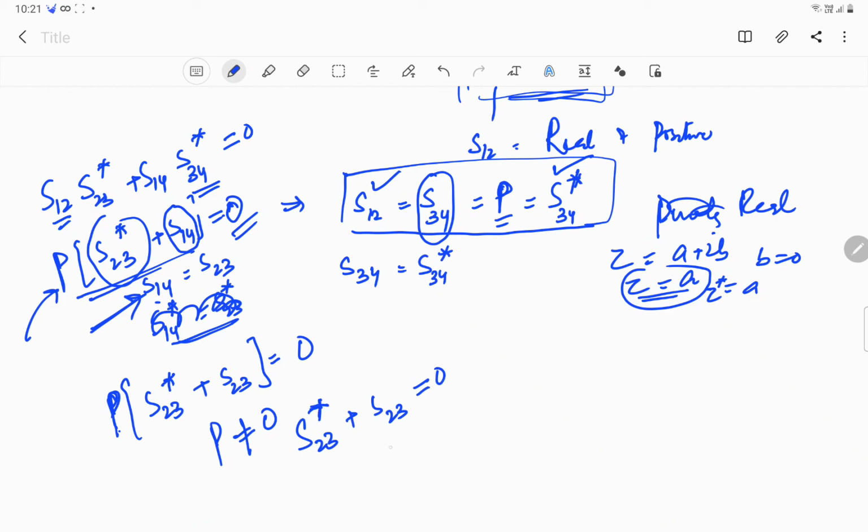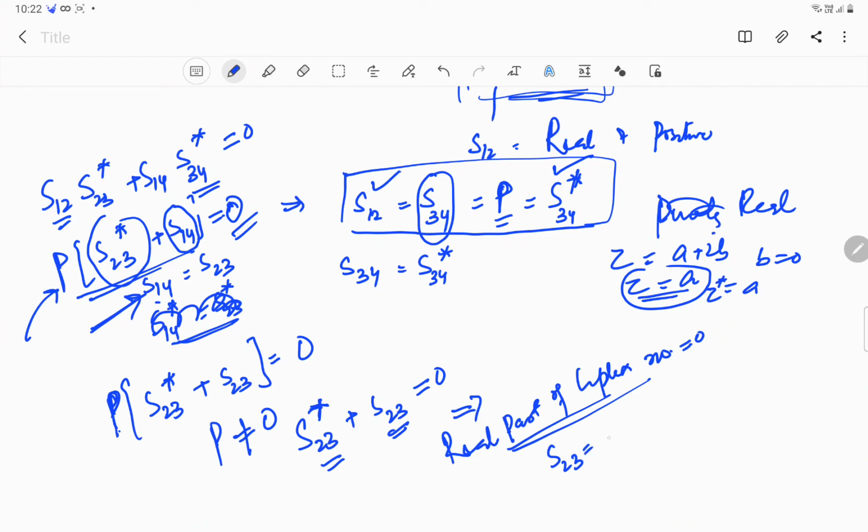But we know if the sum of a complex number and its conjugate is 0, that means the real part of the complex number is 0. Real part of a complex number is 0 means the complex number is purely imaginary. Let us assume s23 is some imaginary number jy. So let me explain it. If we have a complex number and its conjugate sum to 0, this means the real part of the complex number is 0.